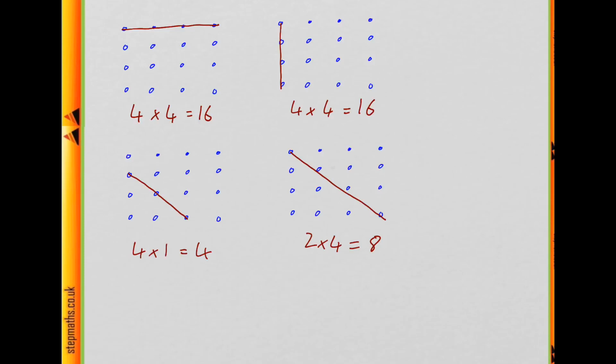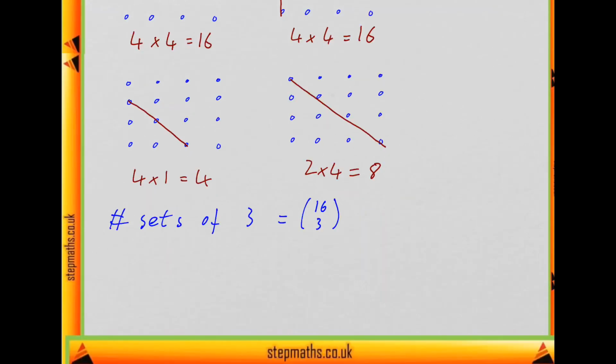So now what we'll do is work out how many sets of 3 points there are, and then just take away these cases we've already found. Okay, so how many sets of 3 points are there? Well, we're just choosing 3 things from 16, so we're doing 16 choose 3. And if you remember, that's 16 factorial over 3 factorial times 13 factorial.